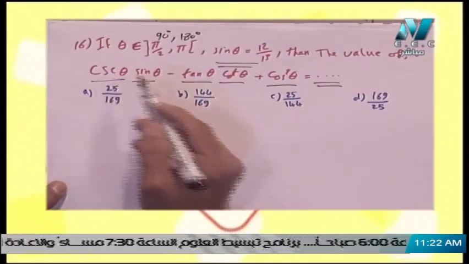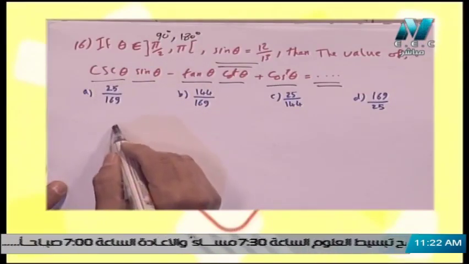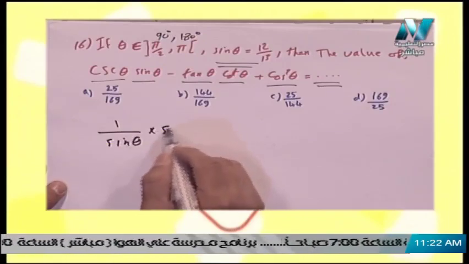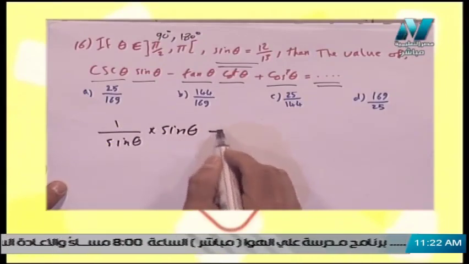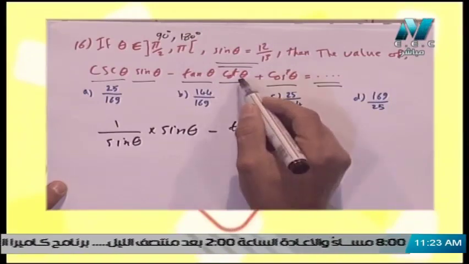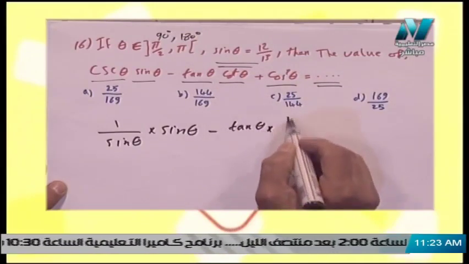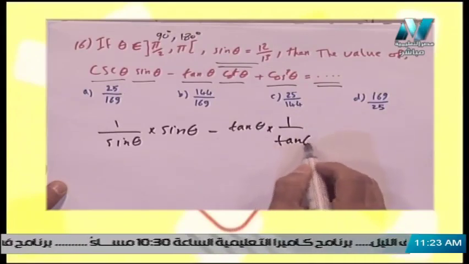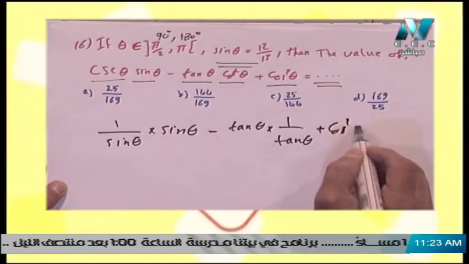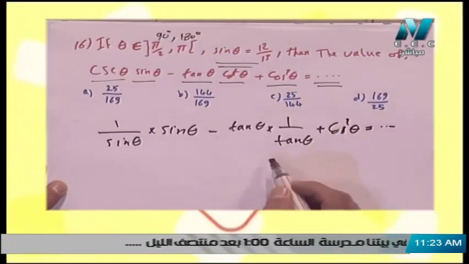If we have cosec here, cosec means 1 over sine theta, multiplied by sine theta, minus tan theta multiplied by cotan, which means 1 over tan theta, plus cosine power 2 theta here equals space.